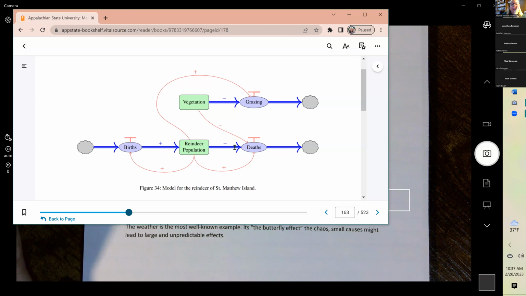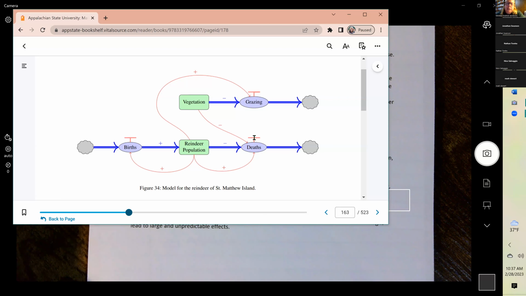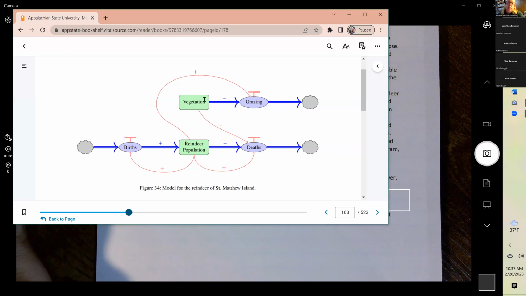I agree. I think the reason it's not stabilizing, if you look at this loop here, it doesn't include this negative. Like this one here, if we didn't have the vegetation included in our diagram, it should stabilize. But knowing that the vegetation is not being replenished, I think the loop doesn't include this one.